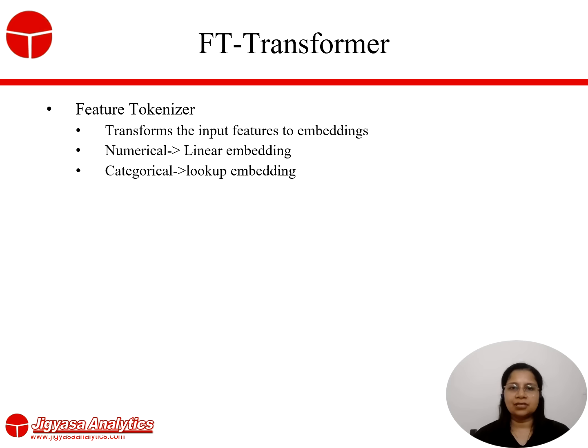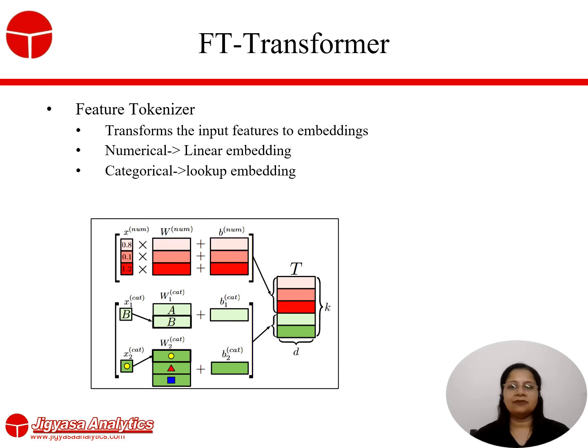The first step is the feature tokenizer, which converts all input features into embeddings the transformer can understand. Numerical features go through a linear embedding layer, while categorical features are mapped using a lookup embedding. This way, every feature, no matter the type, gets a vector representation. Here we can see an example. Here, 3 numerical features and 2 categorical features are present.